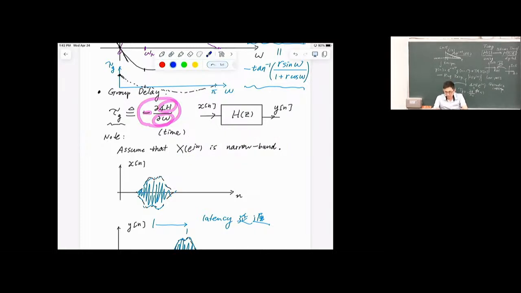That means that when we consider its spectrum, most of the content is around a center frequency omega 0. The energy, the power spectral density, is around omega 0 with a narrow bandwidth when compared to omega 0. There's a duality in signal processing, meaning that when we have narrow bandwidth, the signal in time should be long.